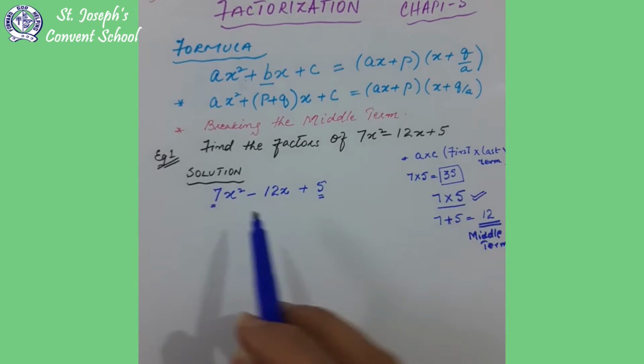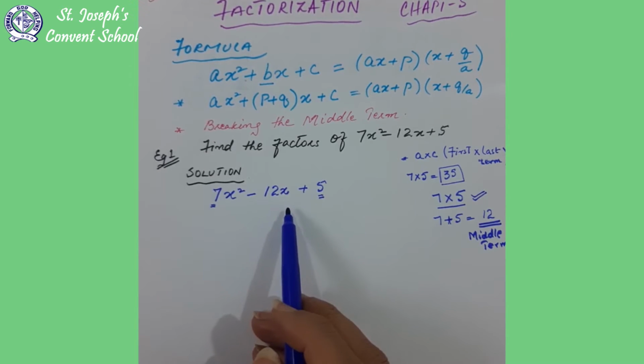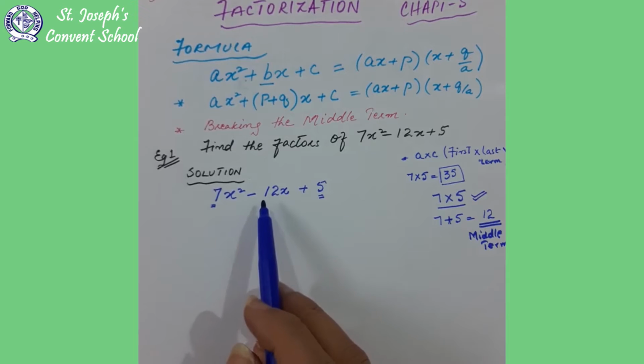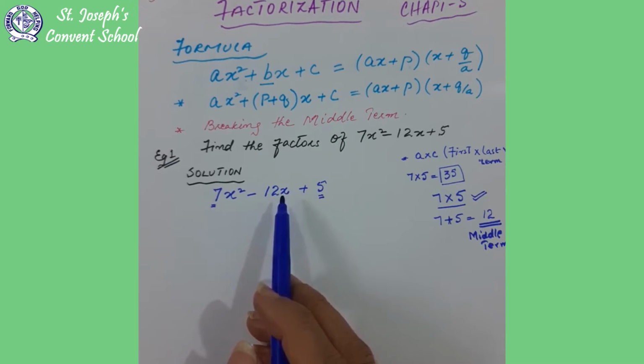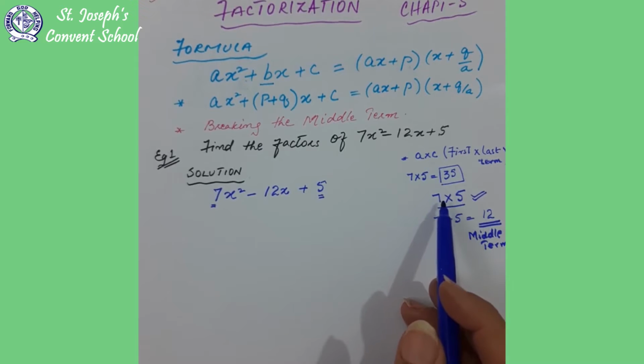Now we'll break the middle term 12. We will write 7 plus 5. You cannot write 6 plus 6, you cannot write 10 plus 2, you cannot write any other number. You will write 7 and 5. Why?